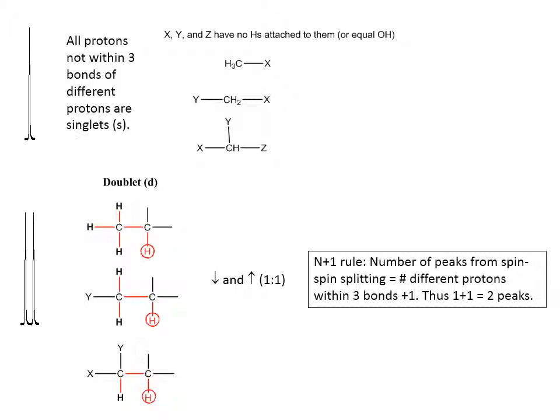So the effect of that one proton is to create 1 plus 1, or 2 peaks. Remember, the doublet is for the protons that are within 3 bonds of that one proton. We don't know what's happening to that one proton, but we know that it's causing the other protons to turn into a doublet.